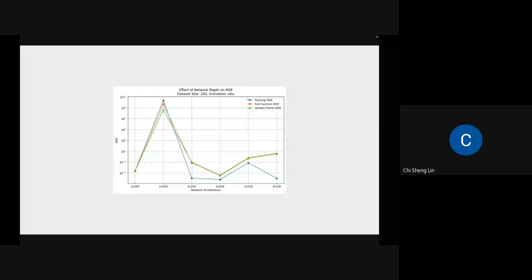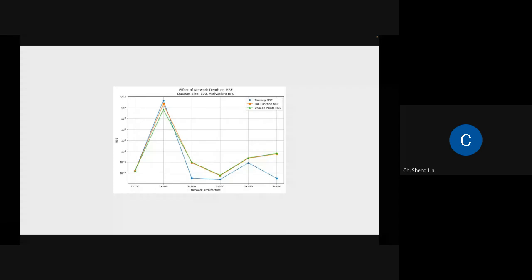And the intermediate depth provides a good trade-off, like the 3-layer network. It also performs well. And we found that if the number of neurons increases, the wider but shallow network, like 500 neurons, also works well. The deep networks suffer from overfitting and instability.